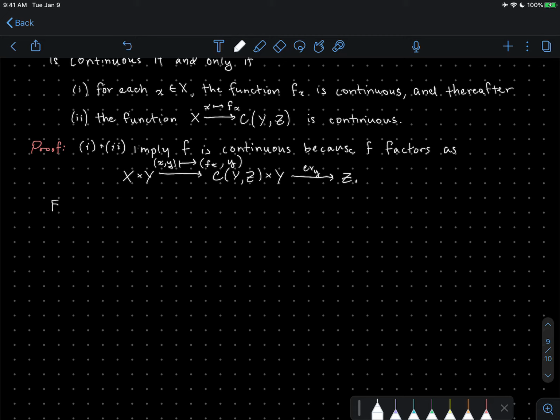So for the reverse direction, let's suppose that f is continuous.